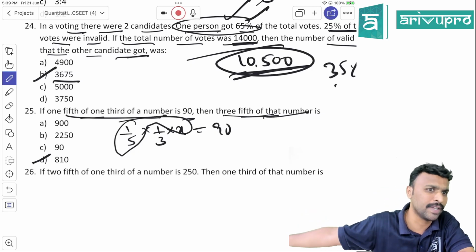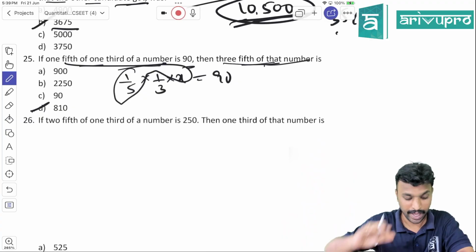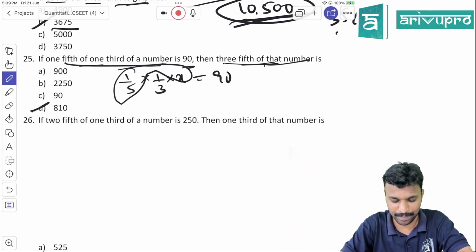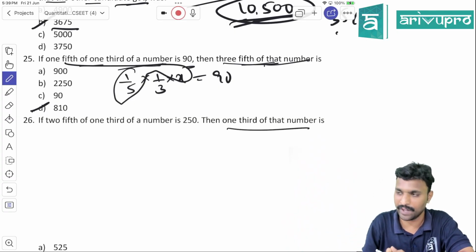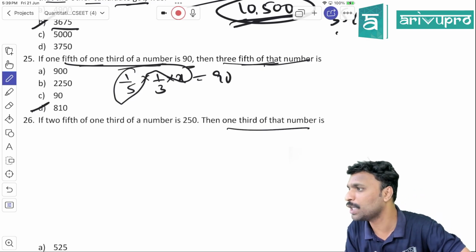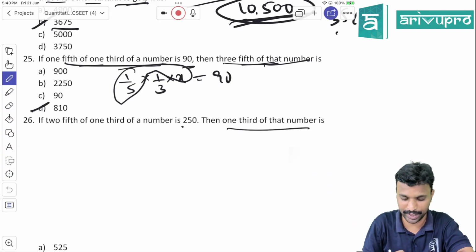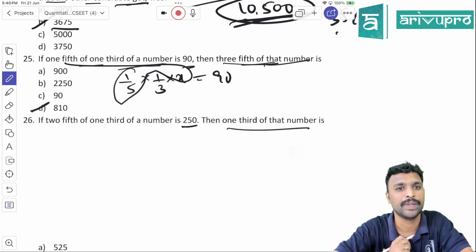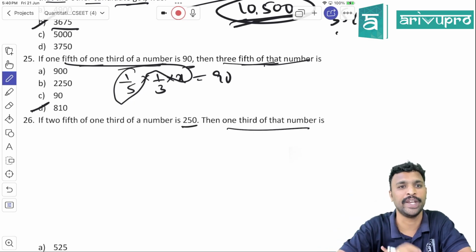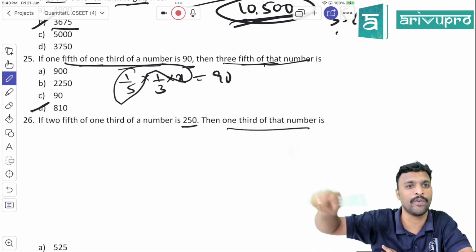Haven't we solved questions like this? If 2/5 of 1/3 of a number is 250, what is 1/3 of the number? What you don't disturb? 1/3 you don't disturb. 2/5 becomes 5/2. 5/2 into 250. 2 ones are 2, 125 into 5.